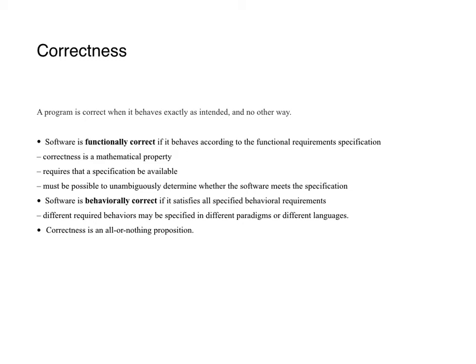Next one is behaviorally correct. Software is behaviorally correct if it satisfies all specified behavioral requirements. So what is a behavioral requirement? It characterizes what a system's behavior is to be, or we can simply say it depends on what the system does when it runs.